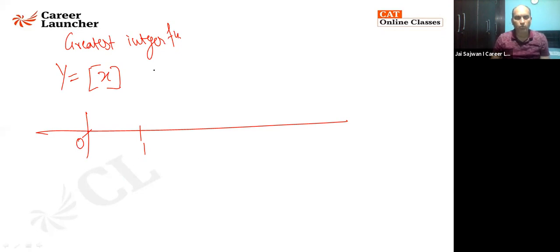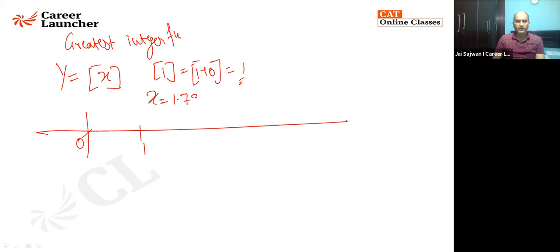Now, when x is equal to 1, greatest integer means what is the greatest integer that you have achieved till 1? You will say 1 plus 0, which comes out to be 1. If I say x is equal to 1.79, so I'll write it as 1 plus 0.79. What is the greatest integer of this? The greatest integer of this will come out to be 1.